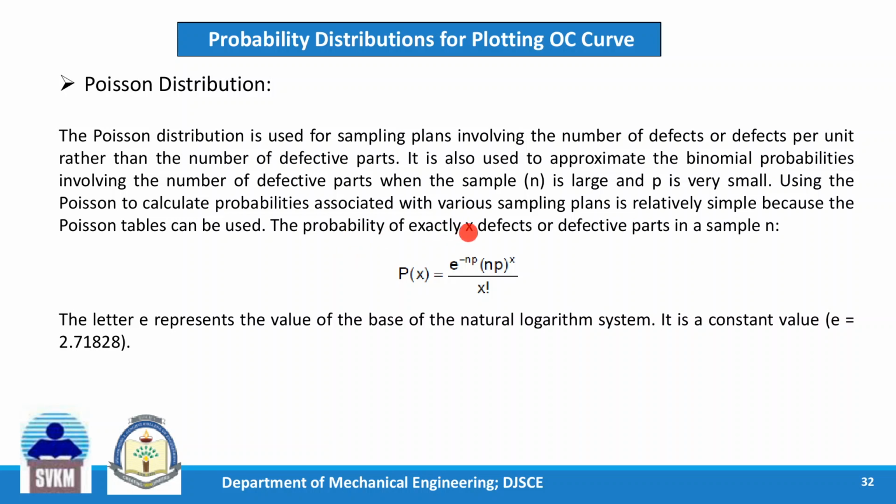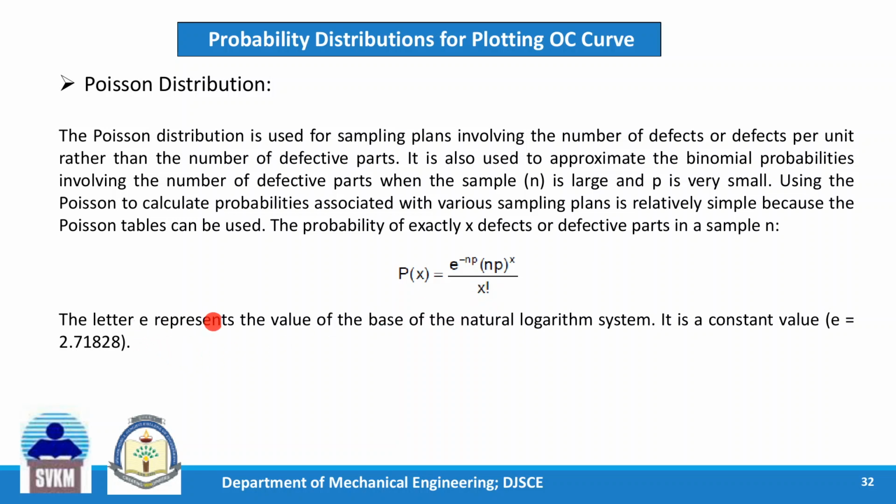The probability of exactly x defective parts in a sample n is given by e raised to minus np, this term np is also denoted by lambda in some cases, into lambda raised to x divided by x factorial.